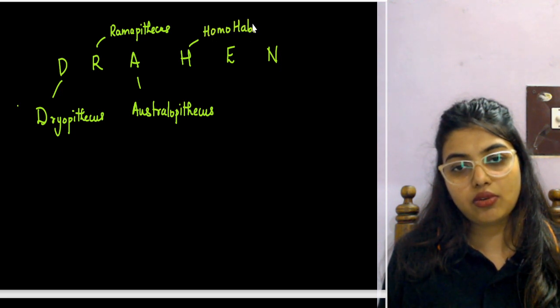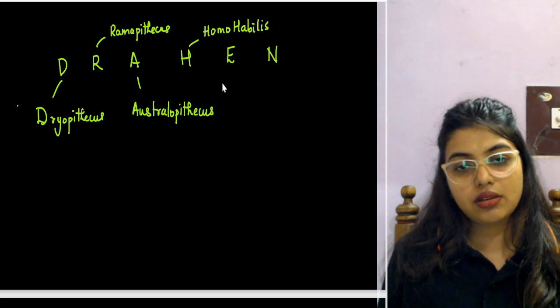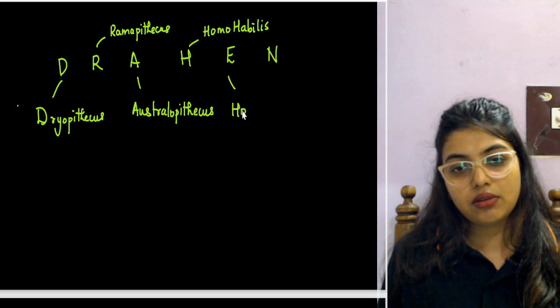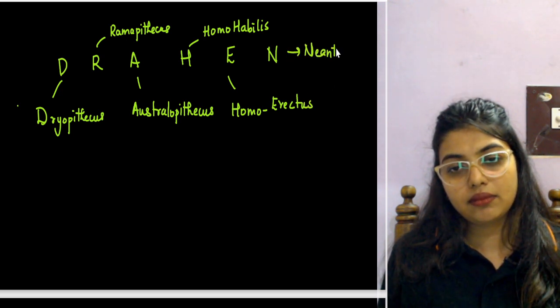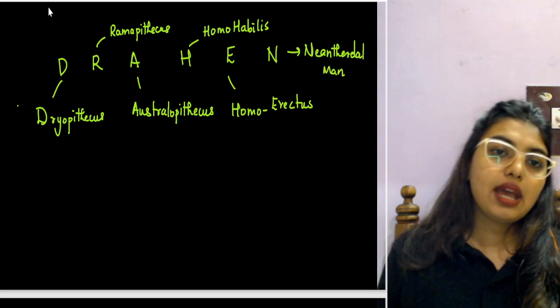Homo habilis. Homo erectus, Neanderthal man. Okay, these were the different types of man evolution.